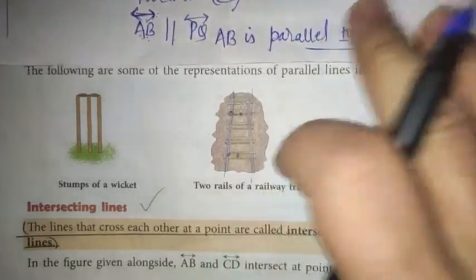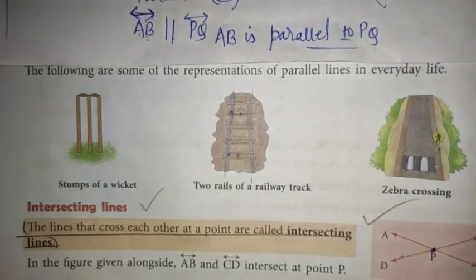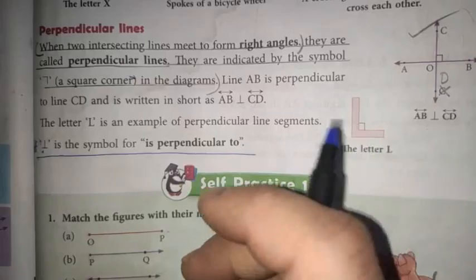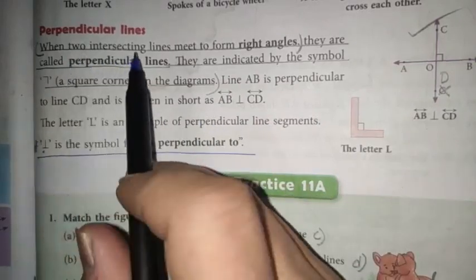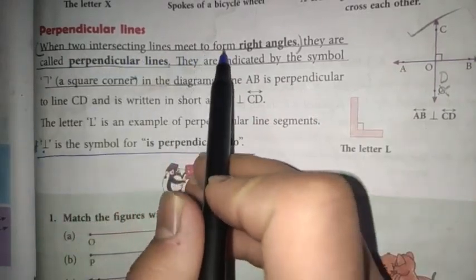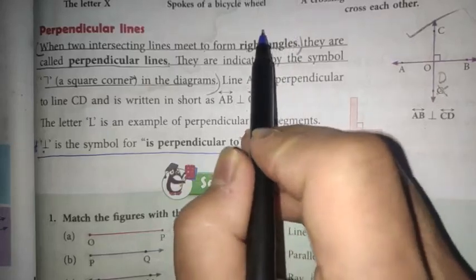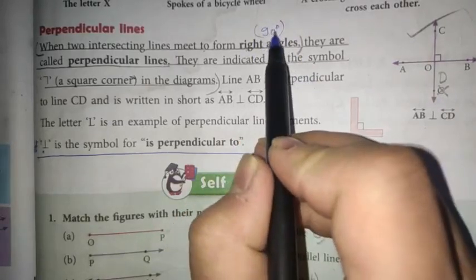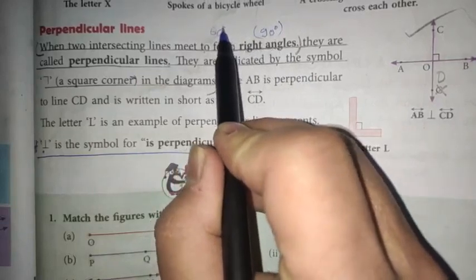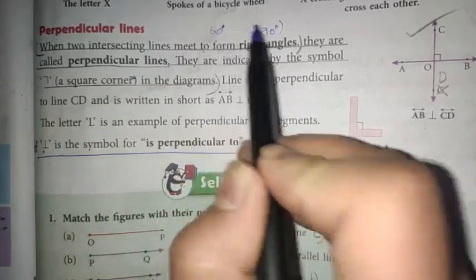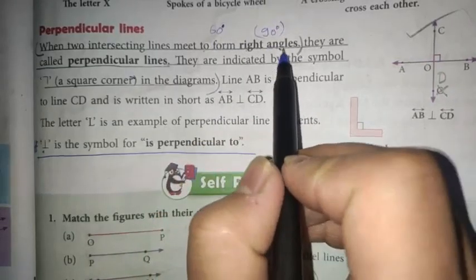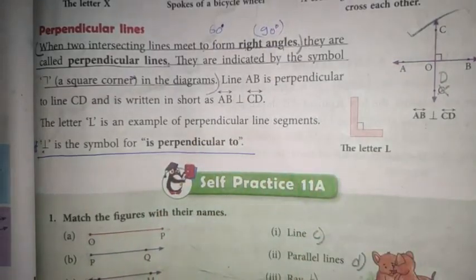Let's proceed to the last and very important one, that is perpendicular lines. What it says is, when two intersecting lines meet to form a right angle, that means 90 degrees. In geometry, if you get a small circle structure in the power position, that will be considered as degree, and degree will denote an angle.